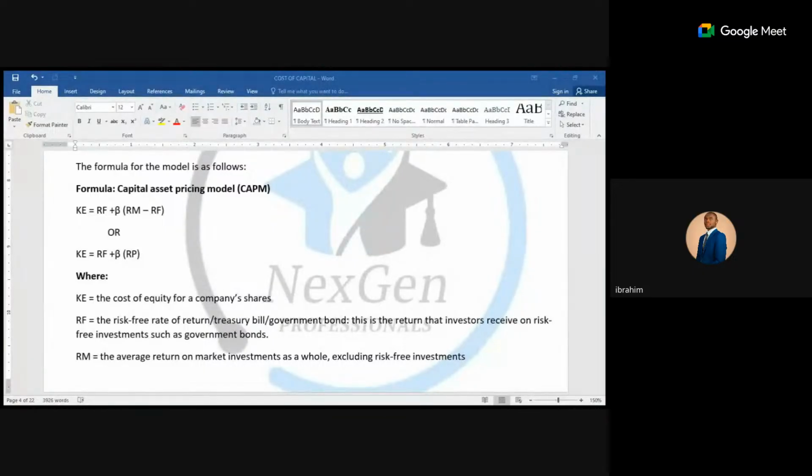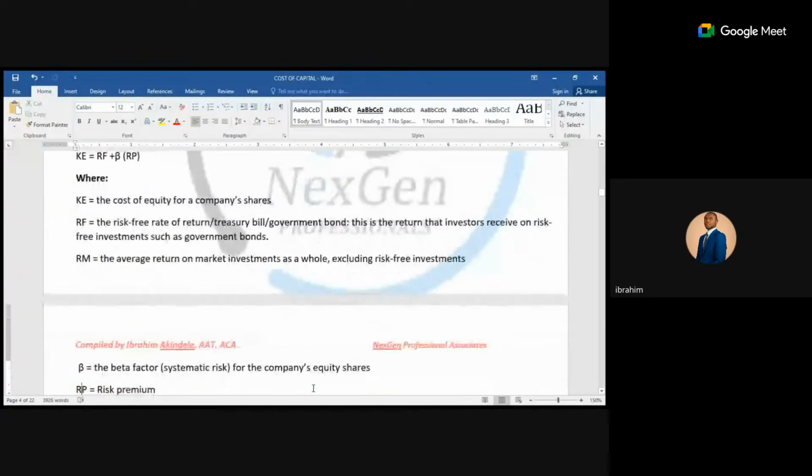So beta is the equity beta, the beta factor. That is the systematic risk. That B that you see in that formula is known as beta, known as equity beta, which is systematic risk.